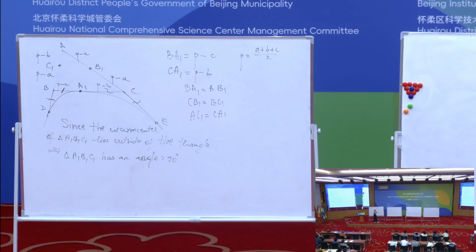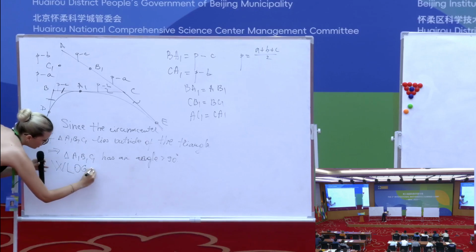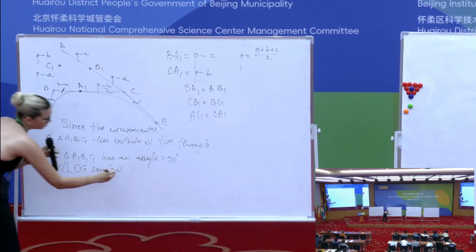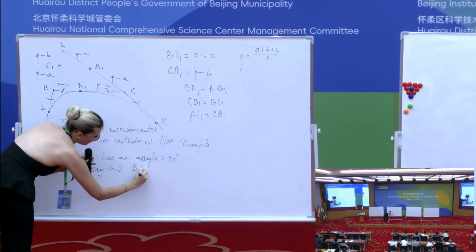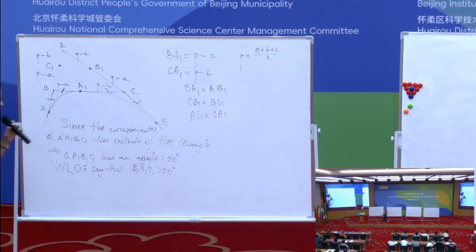We can assume without loss of generality, say that the angle B1A1C1 is strictly greater than 90 degrees.